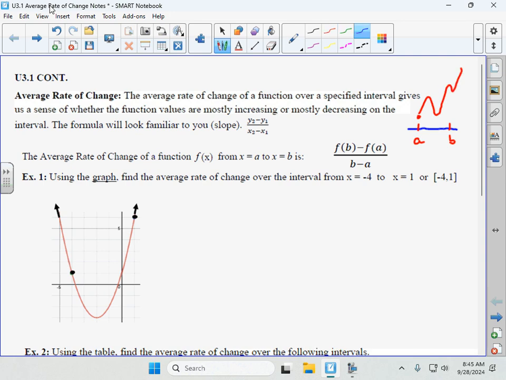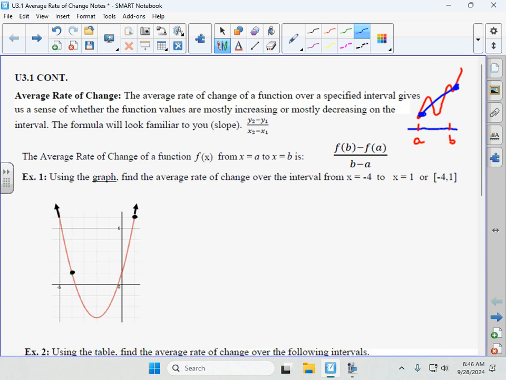And we want to know how are the values changing on average as we go up and down and up and down. And so we're looking at that line, and that's the slope. All right, and so that will give us an average of how the values are increasing and decreasing over a specific interval from A to B. So this formula, f of b minus f of a over b minus a, again, is from the slope.